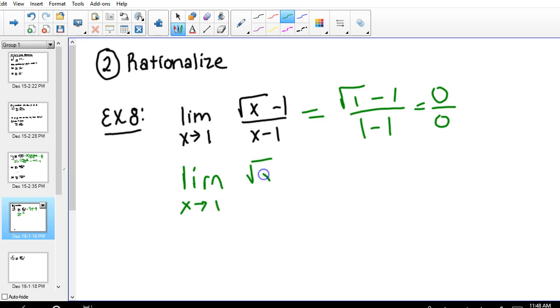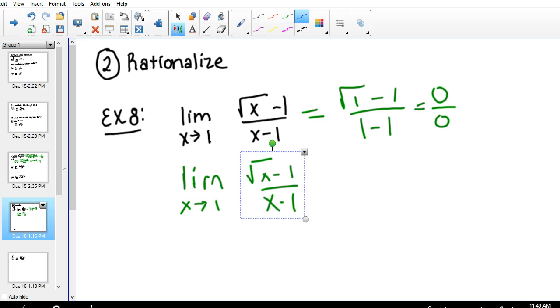And we'll rewrite the problem here, square root of x minus 1 over x minus 1. We're going to have to do something called multiplying by the conjugate. It sounds crazy, but our goal is to get the square root out of the numerator. It usually sometimes works on a problem that looks like this.